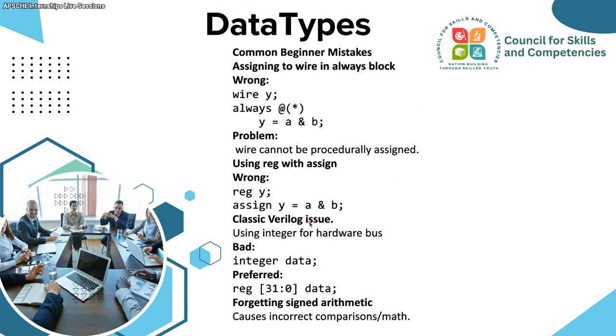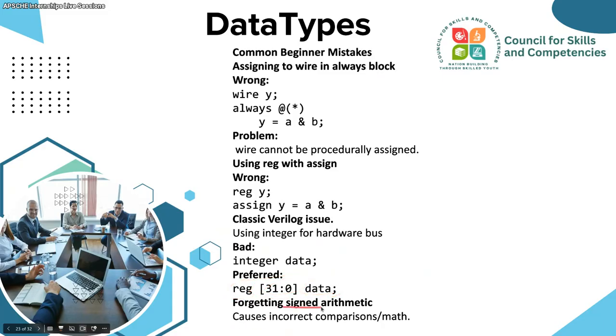Then another thing, using integer for hardware bus. Integer is 32 bit, so we will think it is a 32 bit bus, but it is bad usage, they are telling. They are asking us to prefer reg for these kinds of things. It works, but somehow they are telling to use reg.